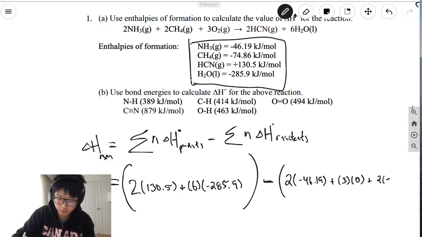Yep, and then you just have to punch them all into the calculator, and then that will give you the delta H value of the whole thing.